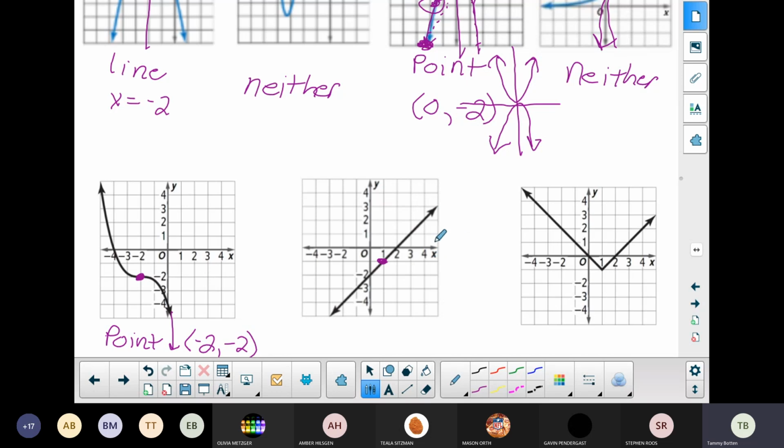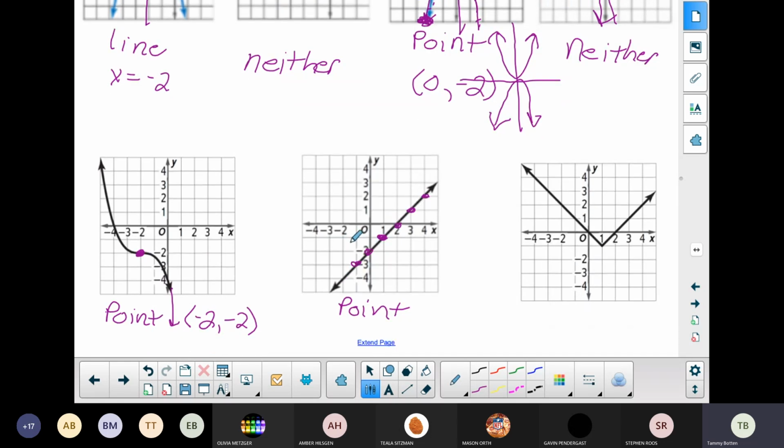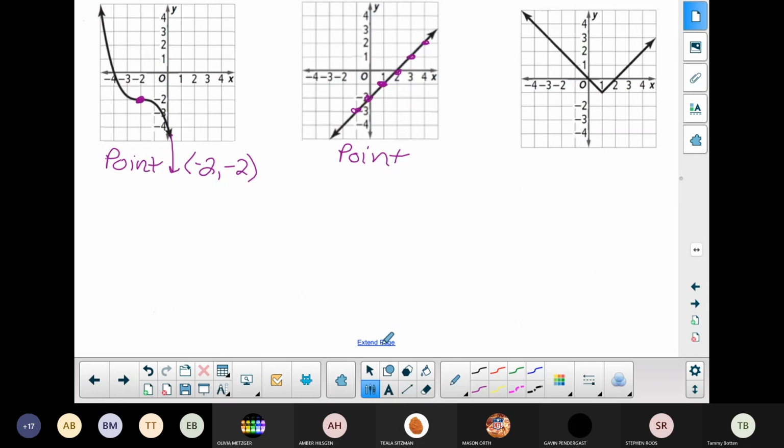So it turns out that this has point symmetry, and because a line extends indefinitely, there's no actual point of symmetry. Every point on the line is a point of symmetry for this one. So when it's a diagonal line, all points on the line are points of symmetry.